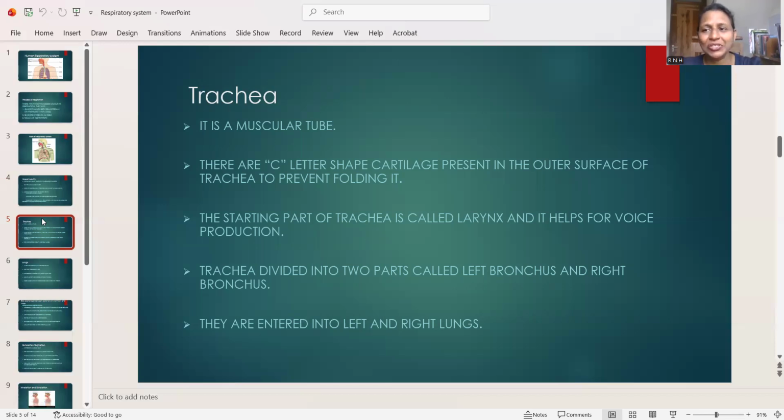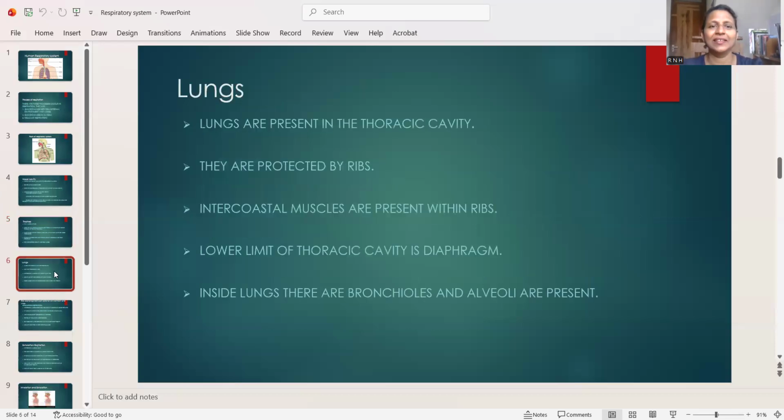The trachea divides into two parts called bronchi. One is the left bronchus and the other one is the right bronchus. These bronchi enter the lungs. Lungs are present in the thoracic cavity. You already know that.